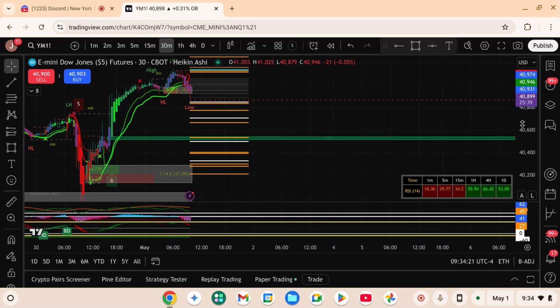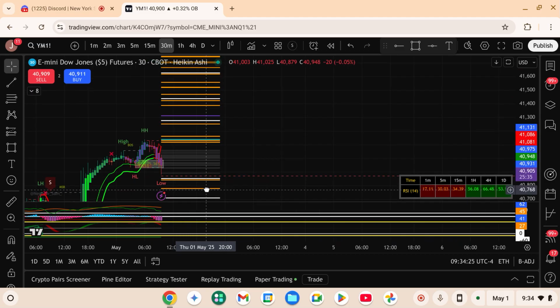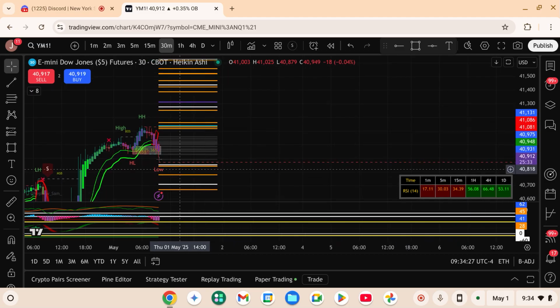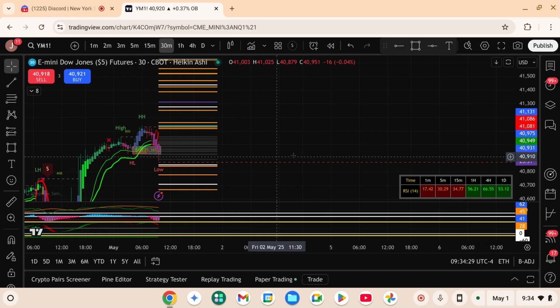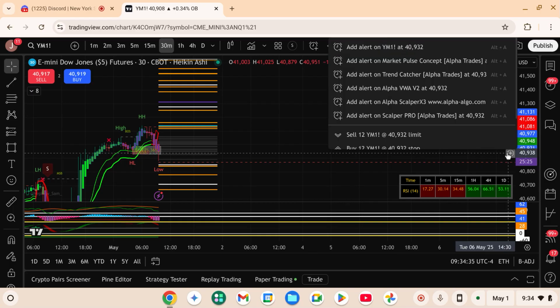So let me see what this looks like. So I wasn't short YM until it breaks at least here. It's 4,932. I wouldn't short that until that breaks.